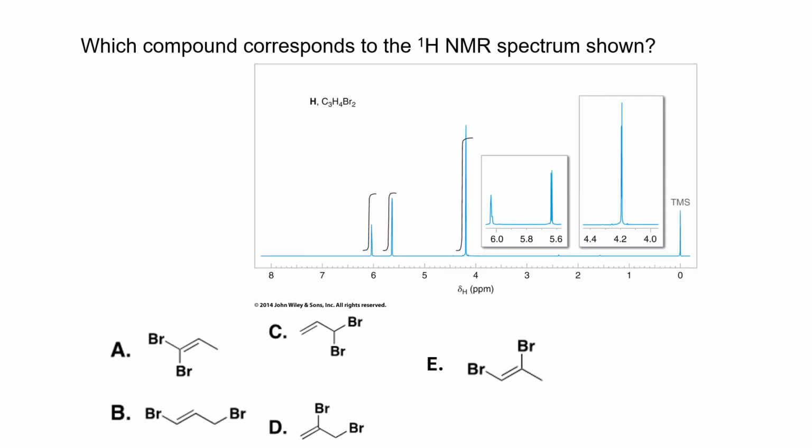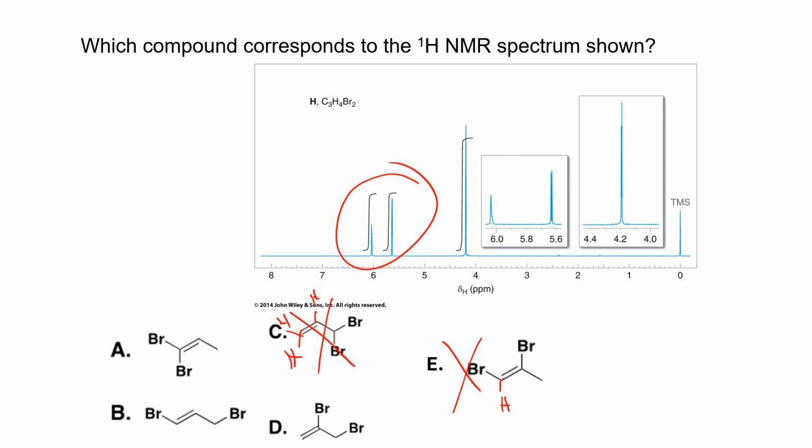Here I have this too. When you see the ppms, these are in the vinylic region. So these are 2 H's attached to sp2 carbons. So here I have only 1. So that can be. Here I have 3. That's also not it.